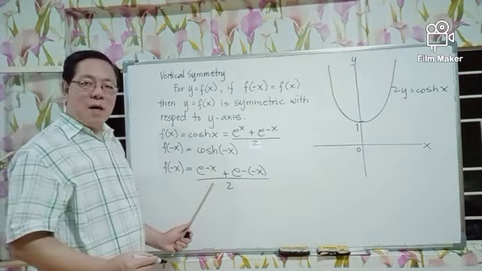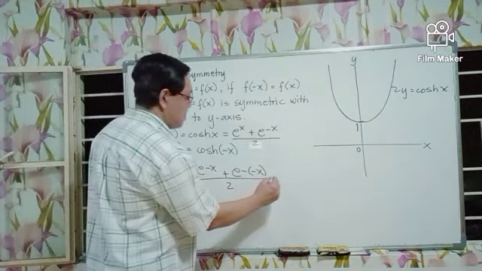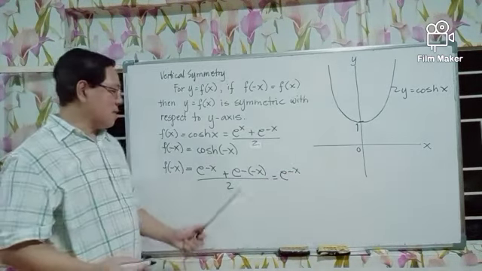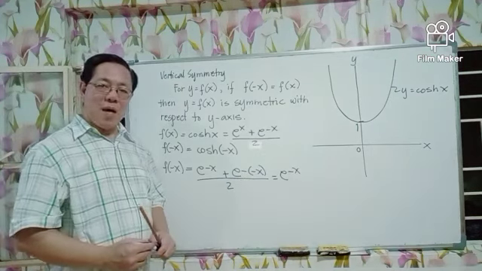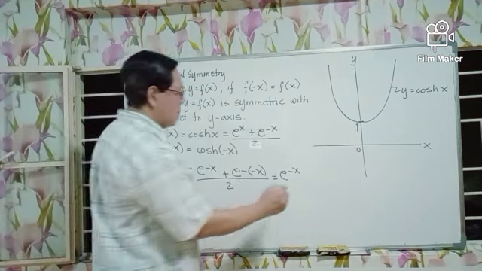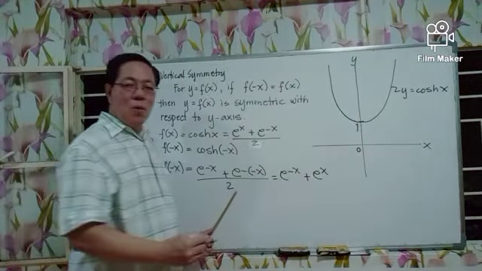And we simplify each term. We have e to the minus x, which remains the same. Negative times negative x is positive x. So the second term is e to the positive x, all over 2.